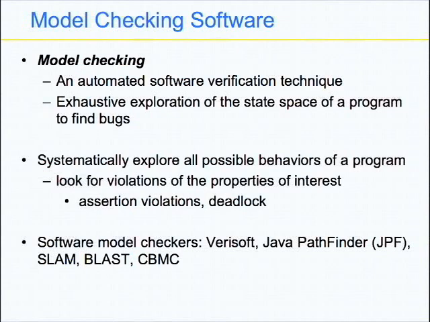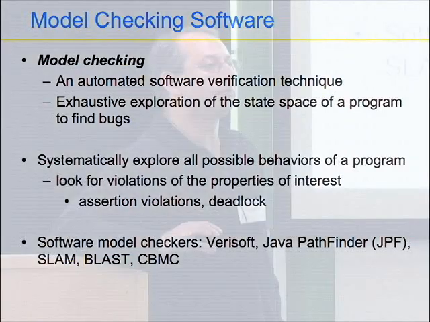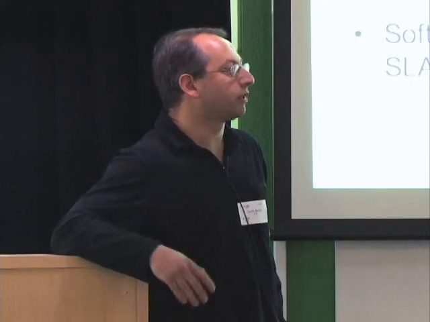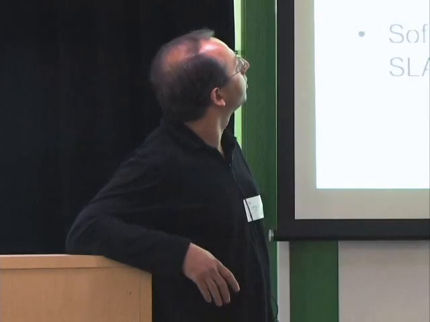There have been some model checkers developed for programming languages like C and Java: Verisoft, Java Pathfinder, Slam, Blast, CBMC. So there are some model checkers out there. In our studies, we used Java Pathfinder, and we focused on Java programs. But the techniques we developed could be adapted to other software model checkers too.